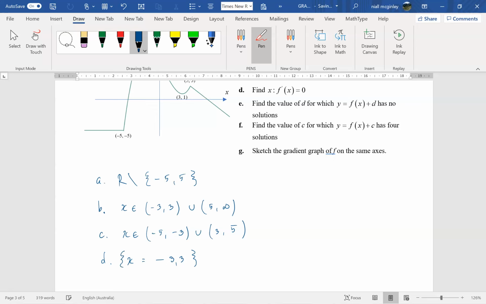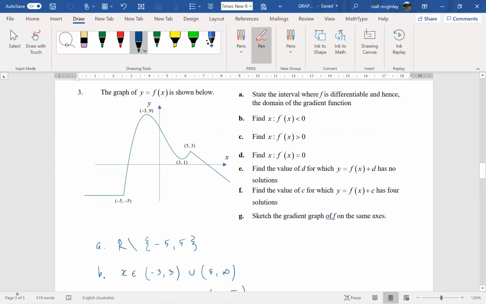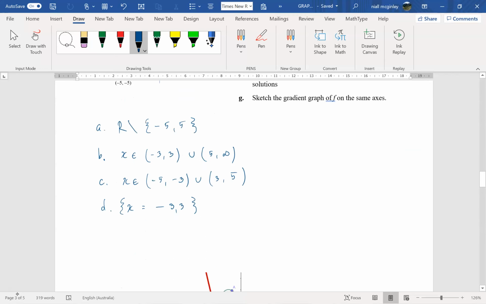Okay, so if we look at E and F here. So here we've got a vertical translation, either moving it up or down, so it's got no solution. So you see here, first of all, thinking about moving it down. If I move it down 9, you'll have one solution. So if I move it more than 9 down, then that'll mean I'll have no solutions.